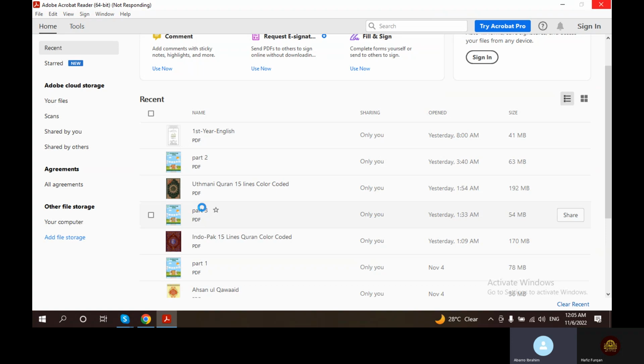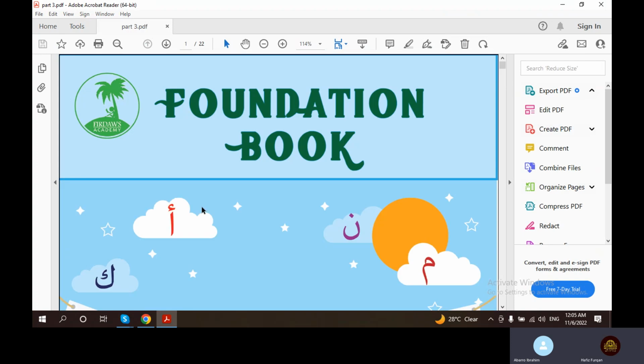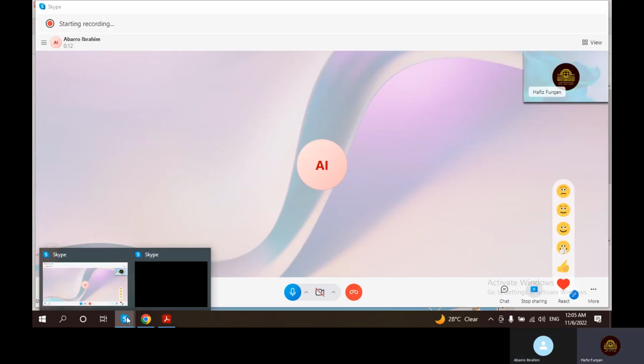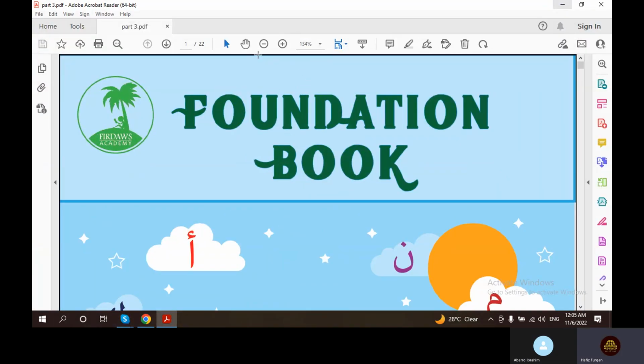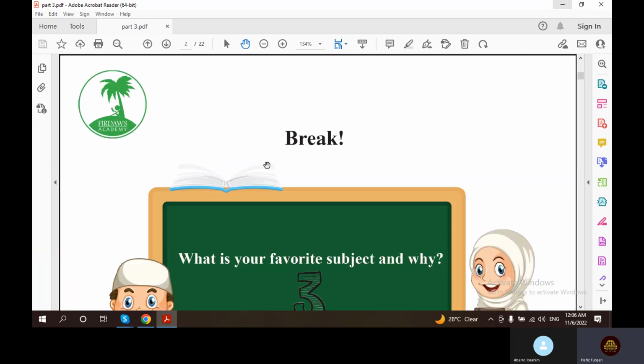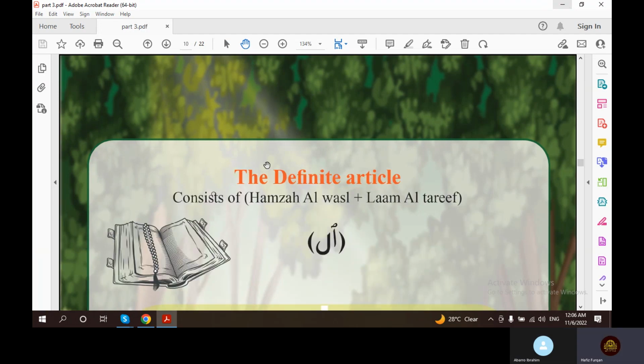Hamzatul Wasl is an alif with the small sod sign. An alif with the small sod sign is called Hamzatul Wasl.